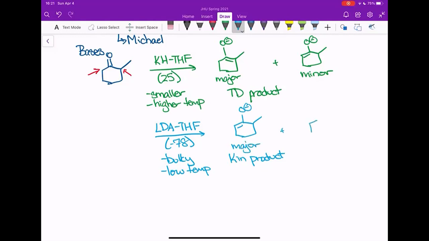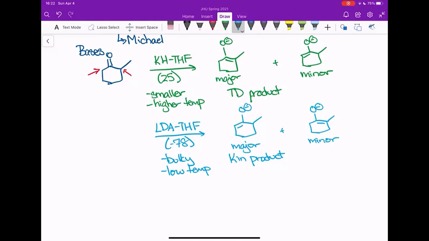Whereas the minor product would be the more difficult to access, sterically hindered product. Okay. And we'll also talk about LDA a lot more as we go into the condensations.